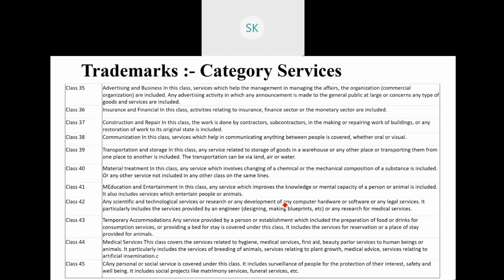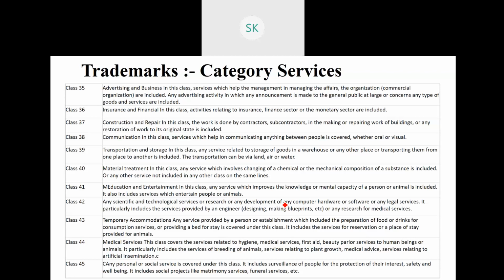This comes under class 43. Like the temporary accommodation service, online rental services, etc. Then going towards class 44, the second last class, medical services.